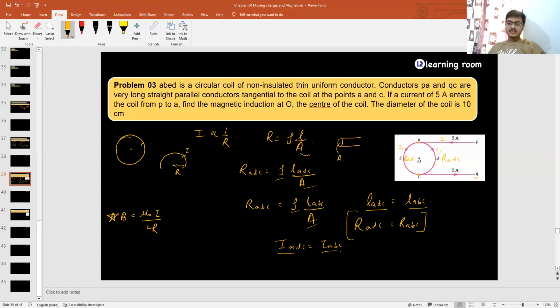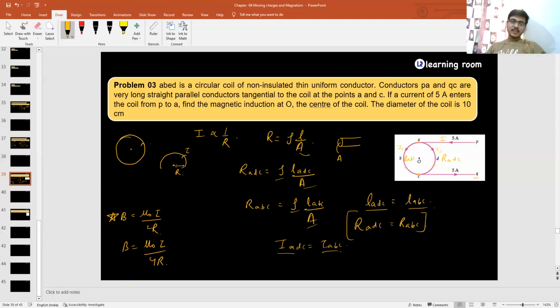Kalpagesh, you're saying something? Sir, mu naught I by R. Okay, Laya, you were saying something? Sir, is it mu naught I by 4R? Okay, Vaishnavi said that mu naught I by 4r. And that is correct.